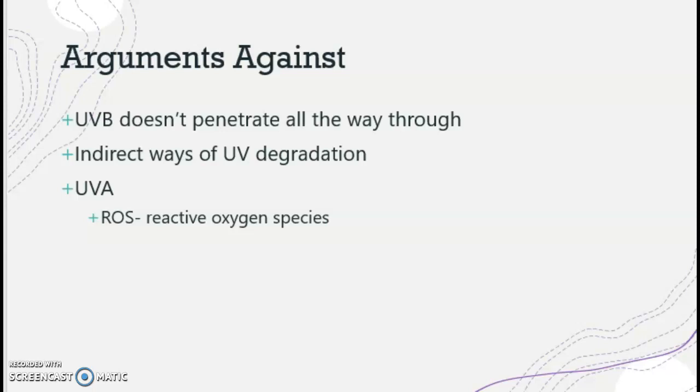This happens because of UVA rays penetrating down to photosensitizers in the blood, causing them to produce reactive oxygen species. These reactive oxygen species will then degrade the form of folate found in the blood to an oxidized inactive form that the body cannot use.